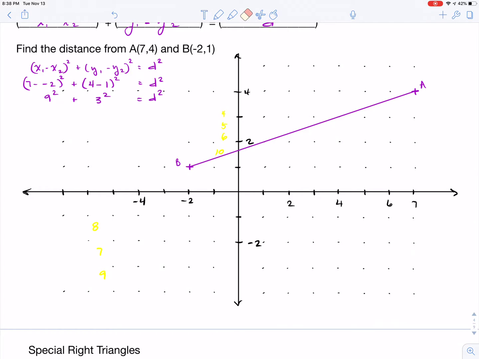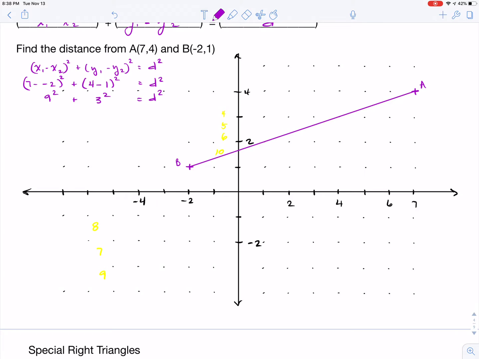Now, before I go any further, I'd like you to be able to see that that 9 squared actually makes sense. So think about this in city blocks. Let's say that I'm starting at point B, and that's a building, and I need to get to building A. And so I can't go straight through buildings, but I can follow the city blocks.